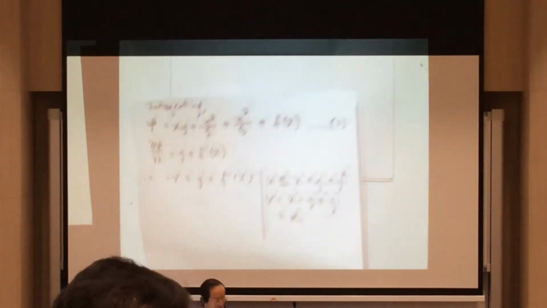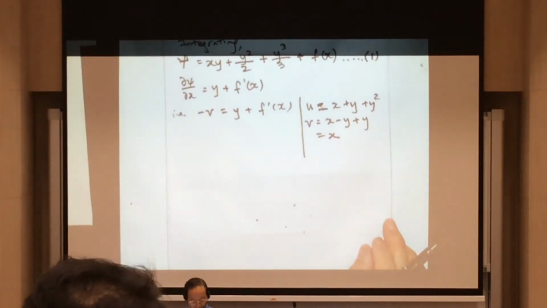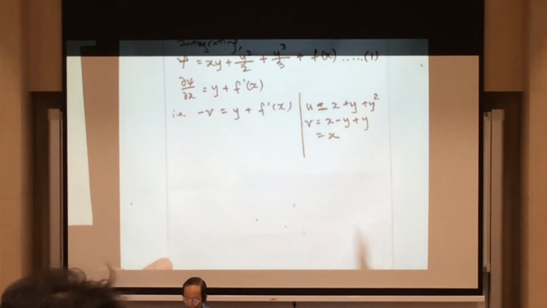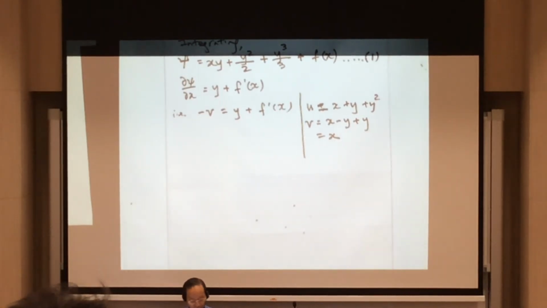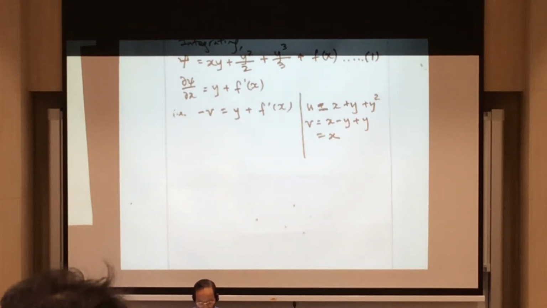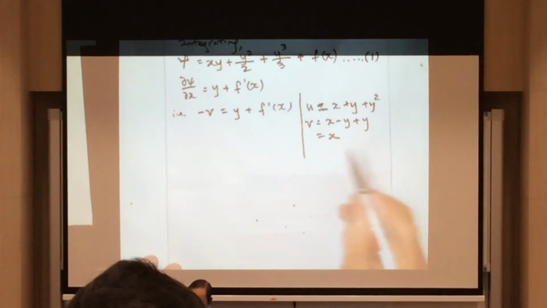As a working, d is equal to x minus y plus y, which is equal to x, from the velocity components under the condition of irrotational flow.